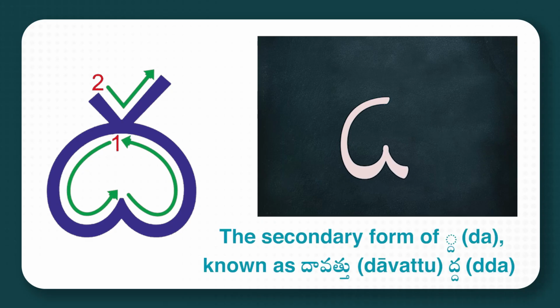The secondary form of dha, known as dhavattu, is used in conjuncts and is essentially identical to the primary loop but without the head stroke. This secondary symbol consistently appears beneath the consonant, demonstrating the flexibility of the Telugu script in forming compound characters.